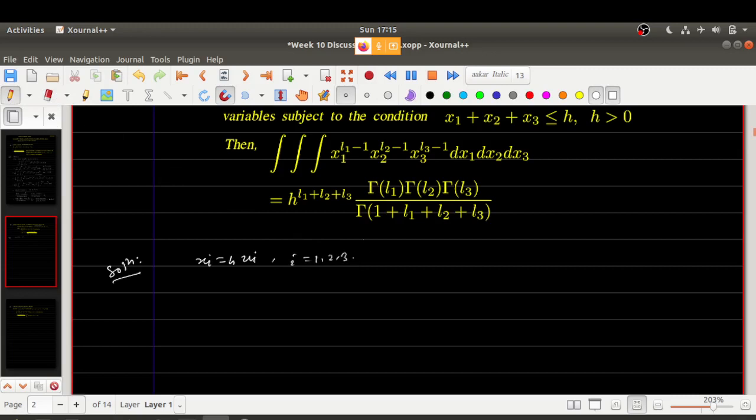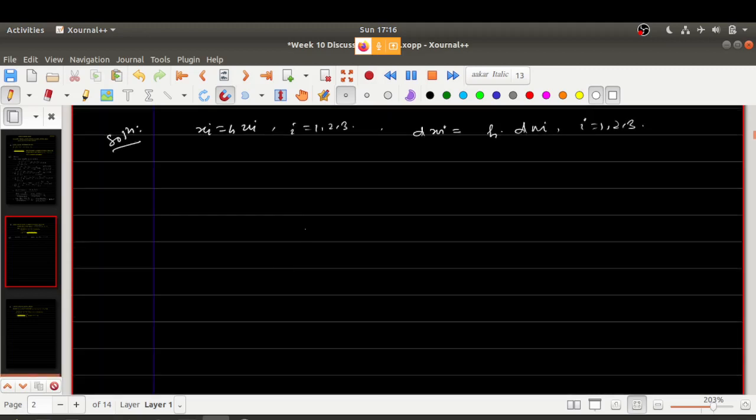Then d of xi equals h times d ui, and that is true for all three values, right? Now put all these things in the given equation.